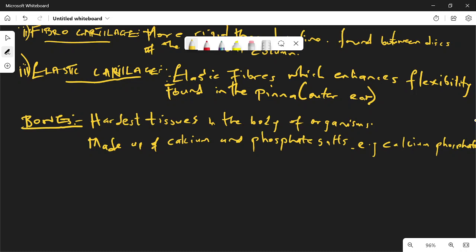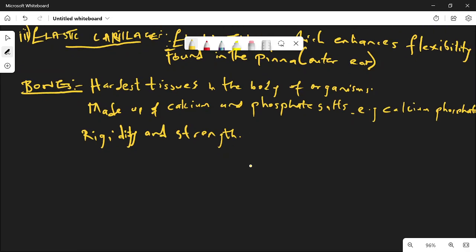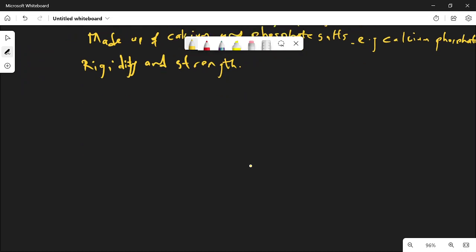So that is basically what the bones are made of. This particular bone gives organisms its rigidity. It gives the organism the rigidity and strength that it needs. The rigidity and strength that the body of an organism requires is produced with the bones. I believe we are making progress.